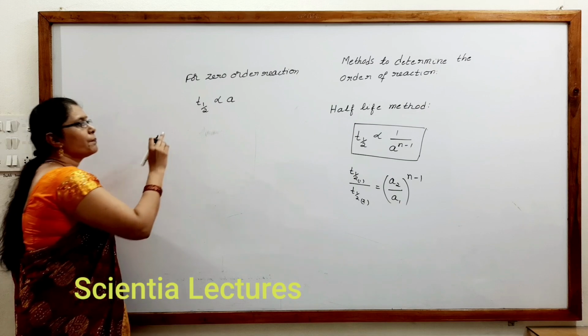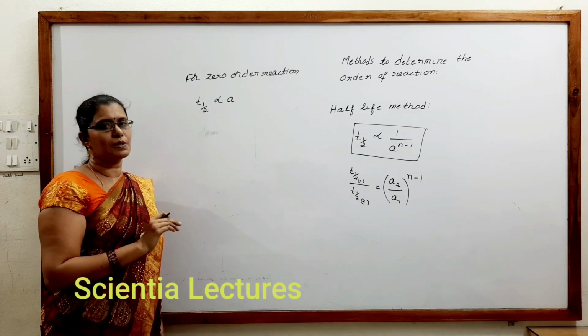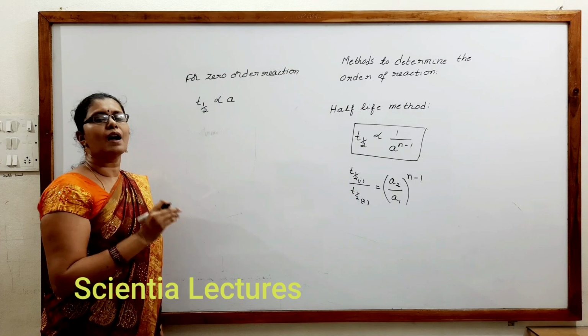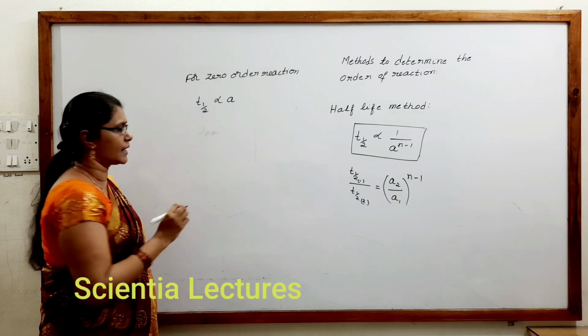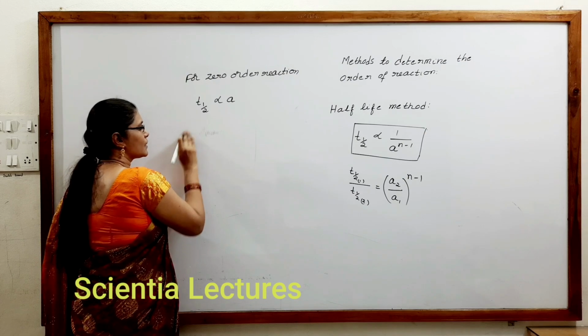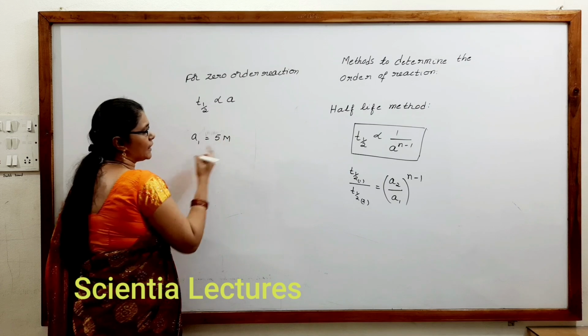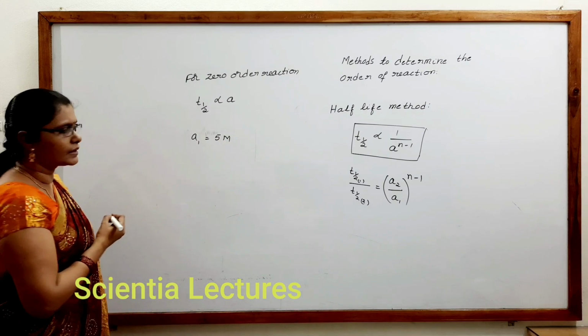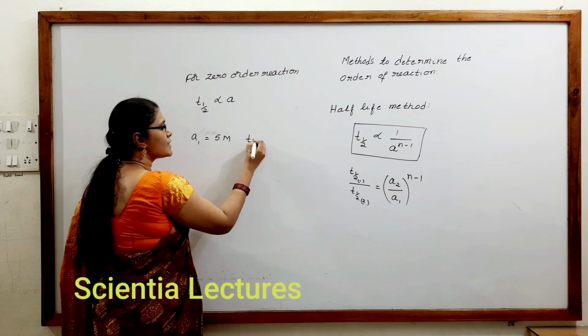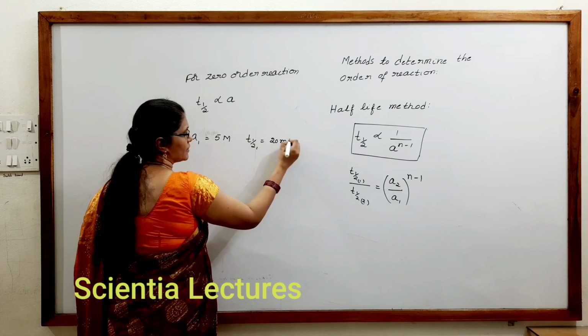Which implies that when initial concentration A1 is 5 capital M, that is molar concentration, T half 1 is given to be 20 minutes.